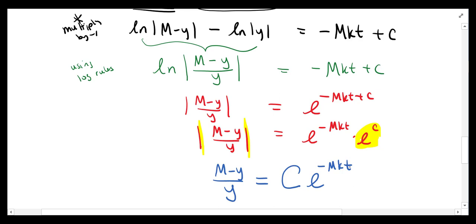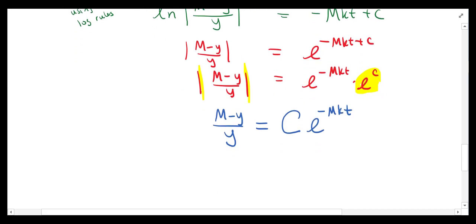Whew. When you're thinking, how is that better? I still need to solve for y. Well, look. I can now separate the fraction on the left-hand side. M over y minus y over y. Well, let me just rewrite that. Y over y is just 1. And of course, the right-hand side stays the same.